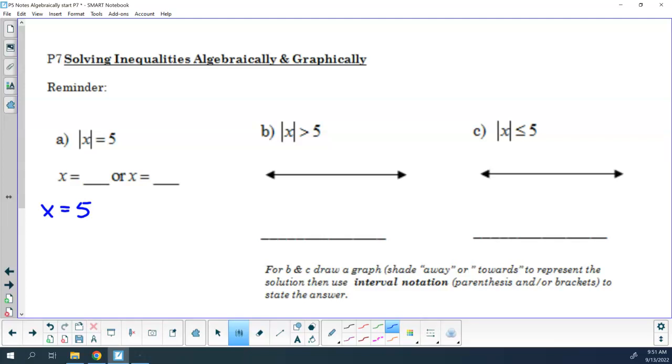And then your second equation, you take the inside of the absolute value and you set it equal to the negative of the other side.